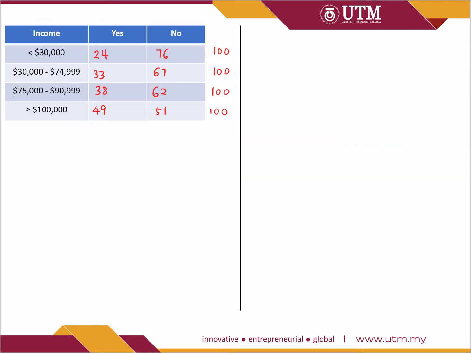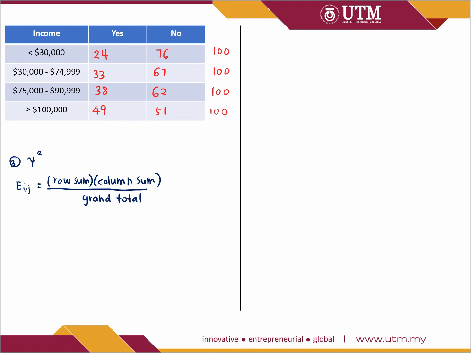To find the test value, which is chi-square, we need to know the expected value for each cell. To know the expected value, we have to know the row sum, multiply it with the column sum, and divide by the grand total.